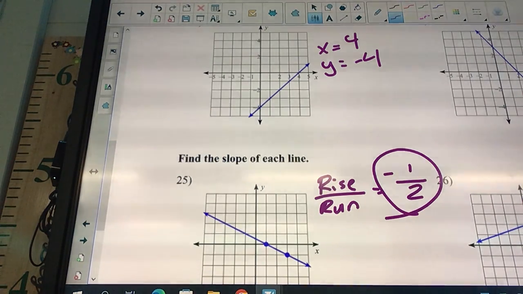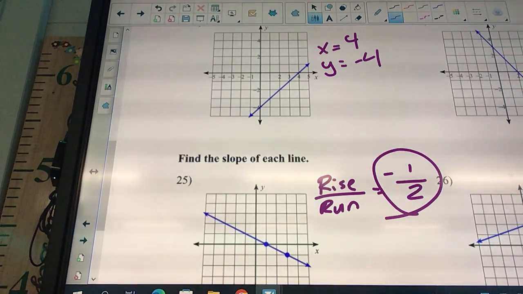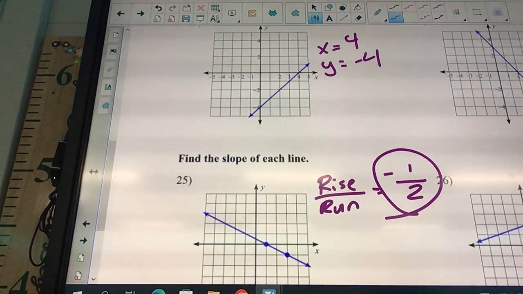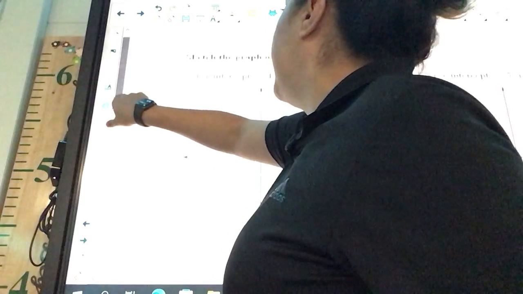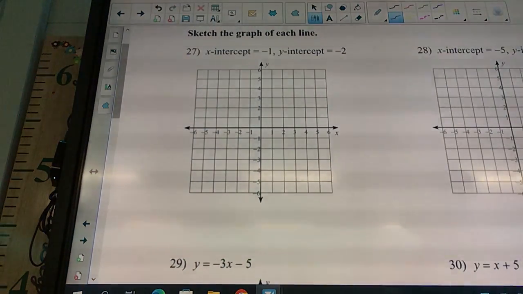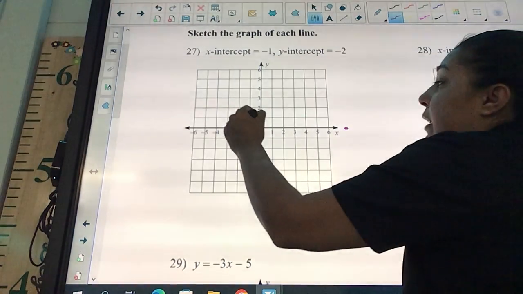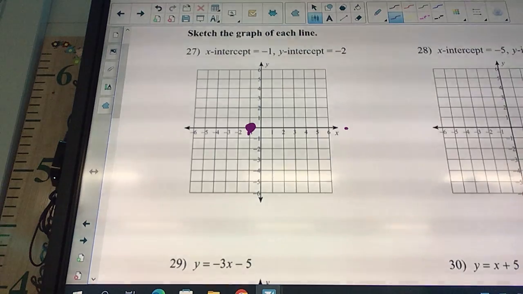Sorry, we got 3 more and we're done. Okay, sketch the graph. All these are graph sketching. The x-intercept is -1, so we go to the x line and find -1. The y-intercept is at what? -2.